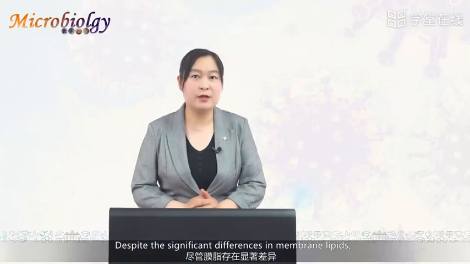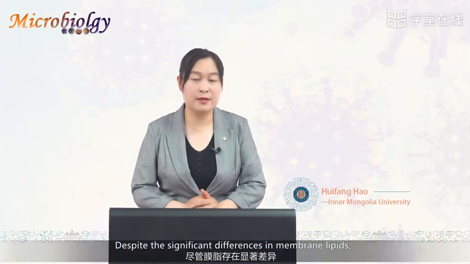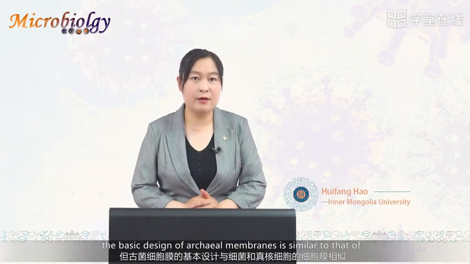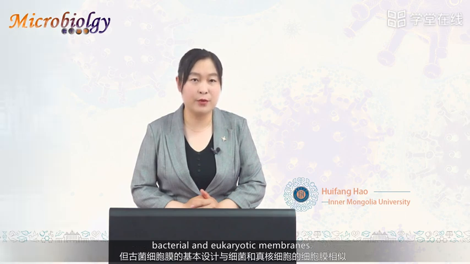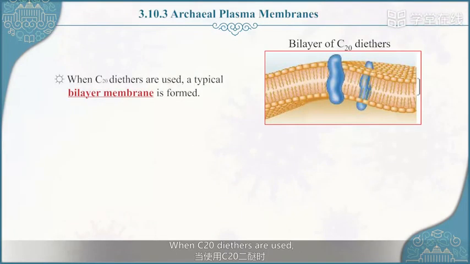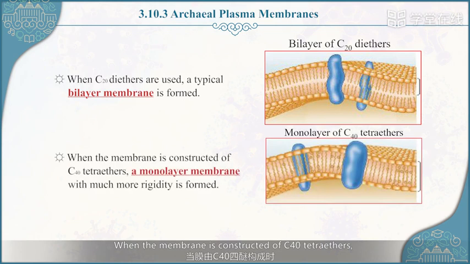Despite the significant differences in membrane lipids, the basic design of archaea membranes is similar to that of bacterial and eukaryotic membranes. When carbon-20 diethers are used, a typical bilayer membrane is formed. When the membrane is constructed of carbon-40 tetraethers, a monolayer membrane with much more rigidity is formed.